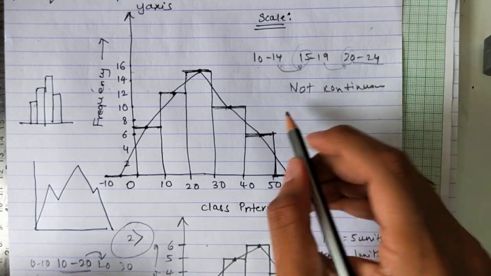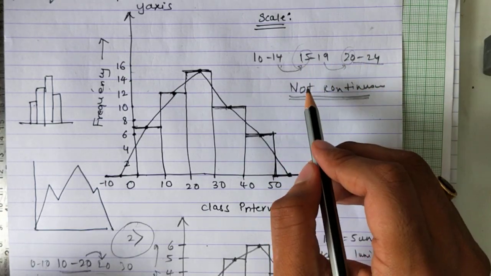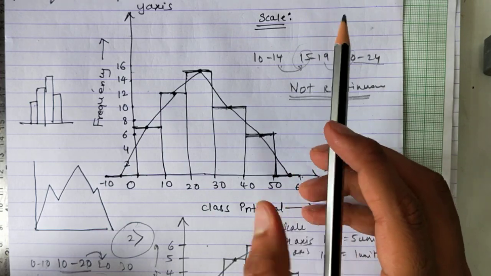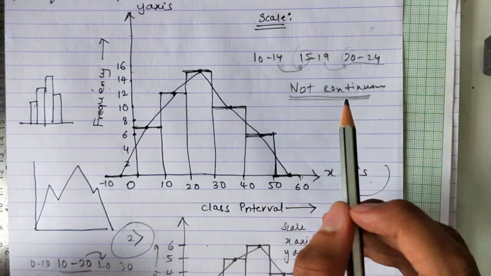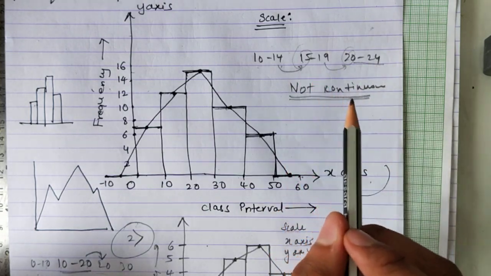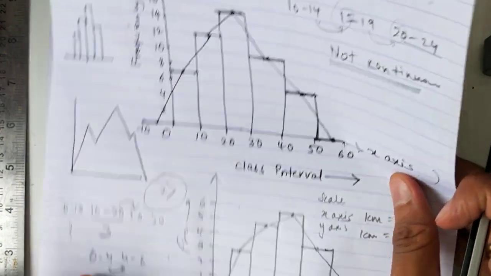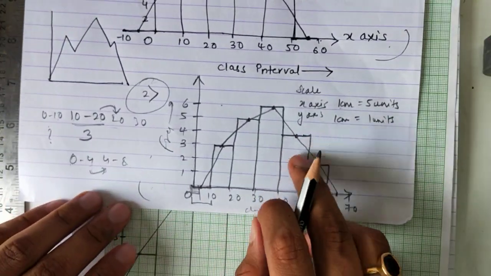This is also called inclusive. This is not continuous, so we will make it continuous. You remember, we used to find actual limits. So that is what we will do here in this question. We will find the actual limits. I'll explain this. Make sure you first complete this graph and then proceed with the video.